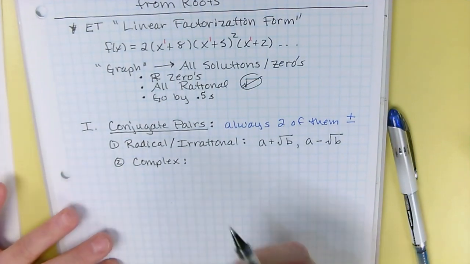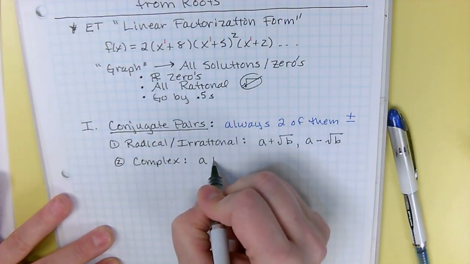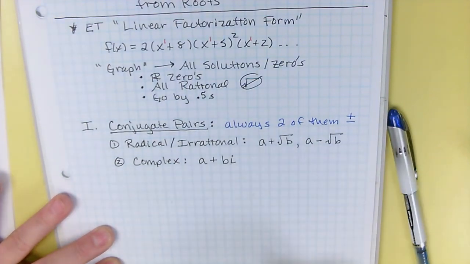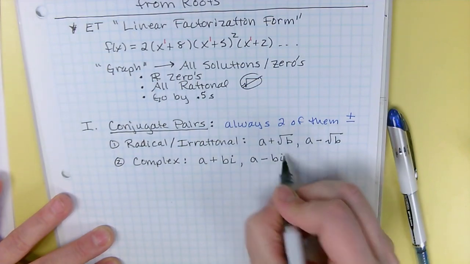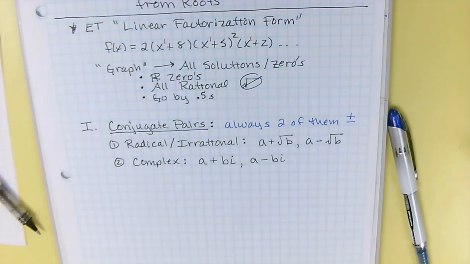If you get a root or a zero that is a plus bi form, automatically there's an a minus bi form. Now on both of these, just take extra special notice. It's the middle sign that changes. The a is still positive, or if a is negative, they're both negative. Same thing here. The a's don't change, just the middle sign changes.